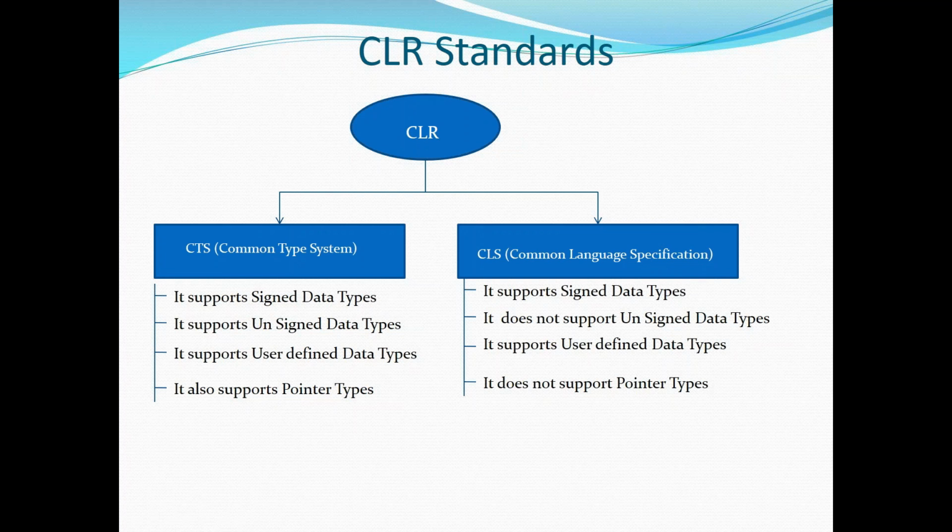If you develop your own programming language, yes, your language can also be integrated with the .NET framework. It is open for all, not only C, C++, and COBOL. If you have created your own programming language, you could also integrate it with the .NET framework. That is the beauty of the .NET platform. But it should satisfy the CLS standards.